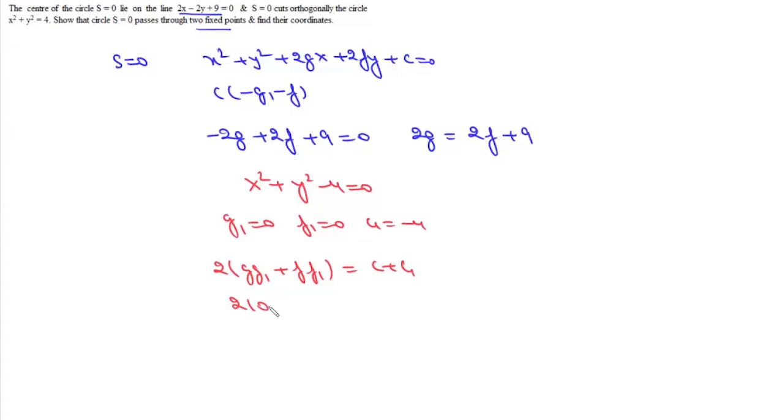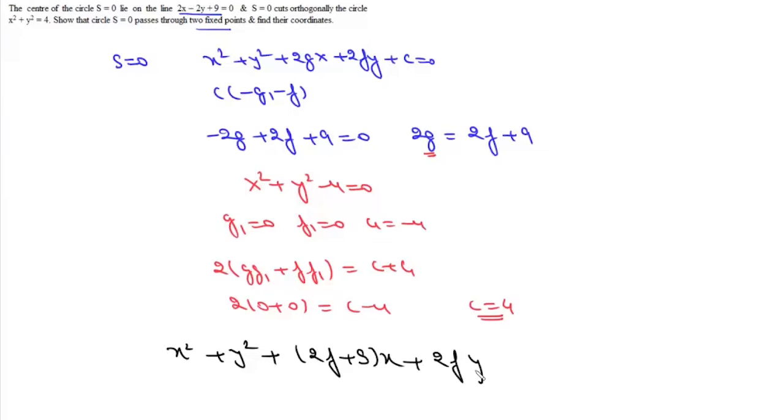Now this is 0 plus 0 and this is C, and the value of C1 is minus 4. So from here we can write C as 4. So what we'll do is we'll put the value of C and we'll put the value of 2g. So we can write this as x square plus y square plus 2f plus 9 x plus 2f y plus 4 equals 0.